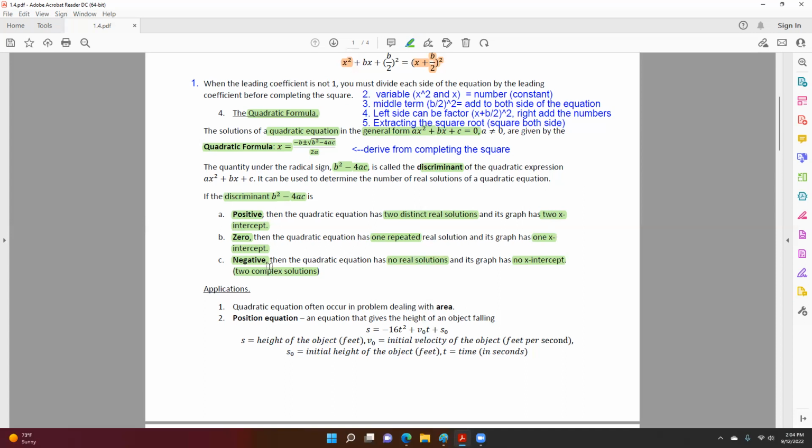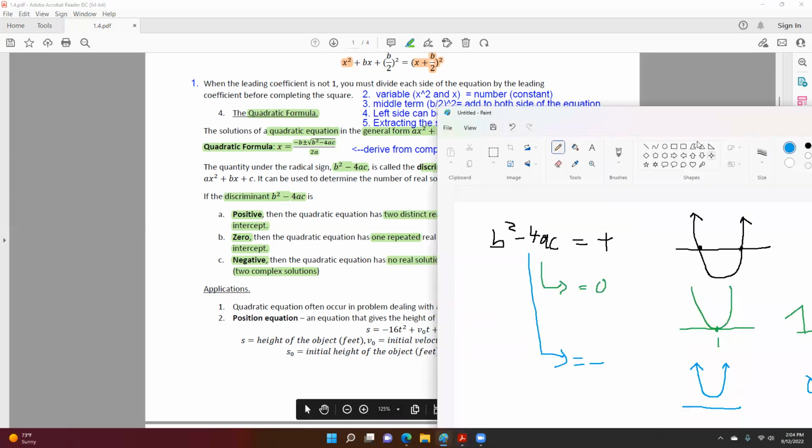Can you show what you just drew again? The discriminant is used to figure out how many x-intercepts you have on the graph. It's right over here.